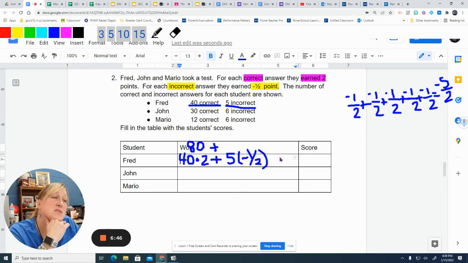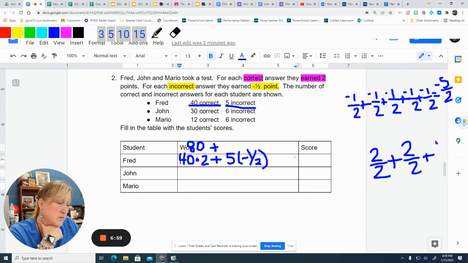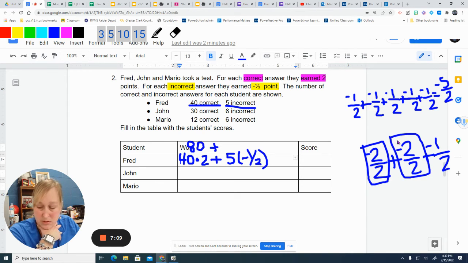-5 halves would be 2 over 2 plus 2 over 2 plus 1 over 2. Now, why did I do that? Because I split my 5 up. Do you see that? This is a 1. This is a 1. And this is what's left.